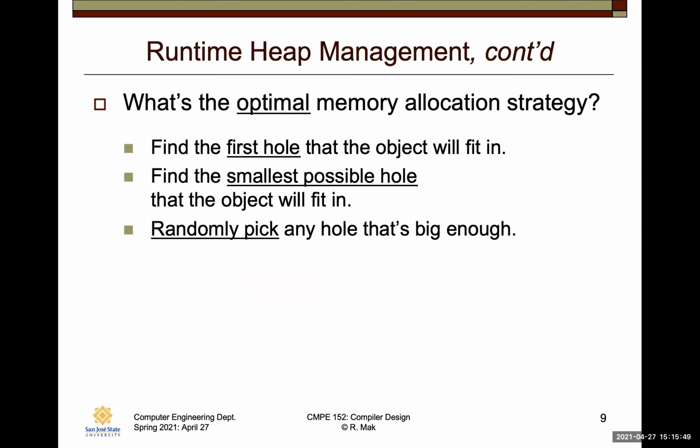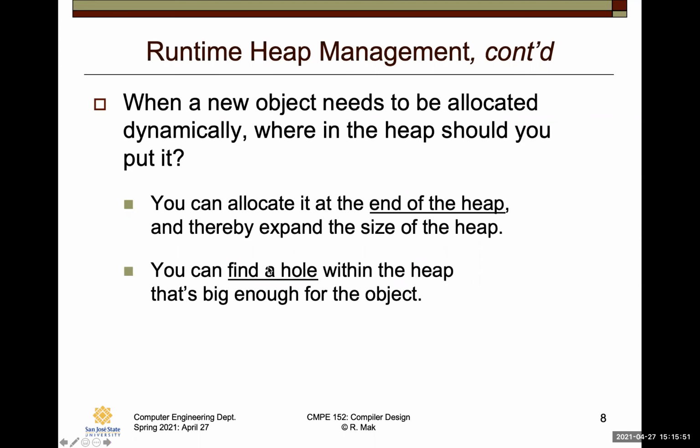Now, if you're going to try to put objects in holes, after your program has run for a while, your memory is going to kind of look like Swiss cheese. You're going to have all these allocated blocks of memory, and in between the allocated blocks are going to be these holes.